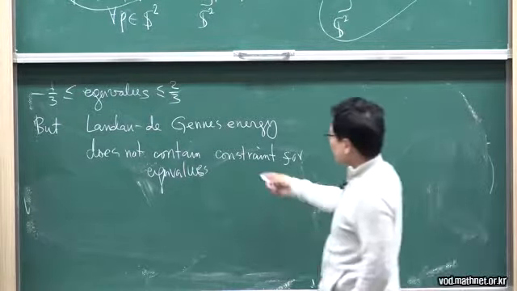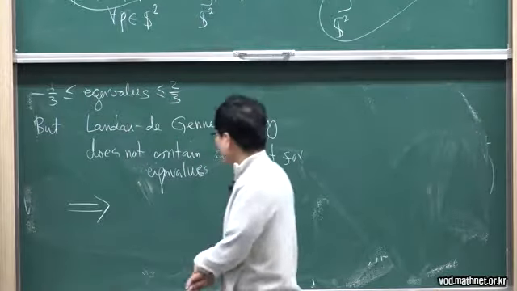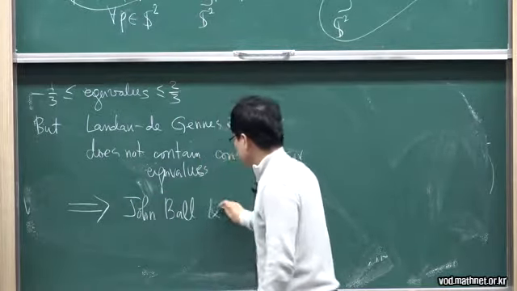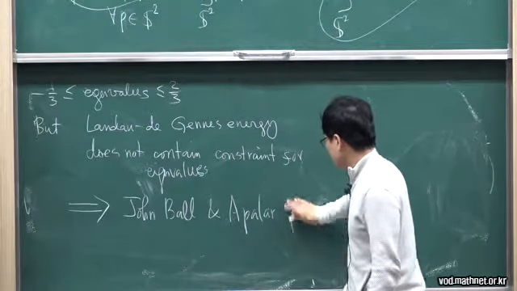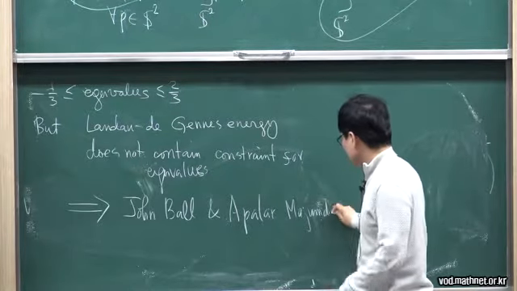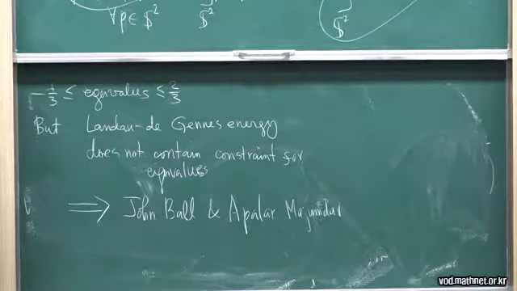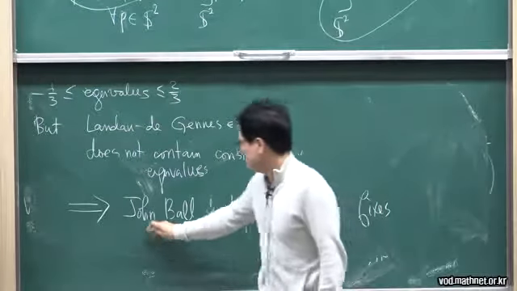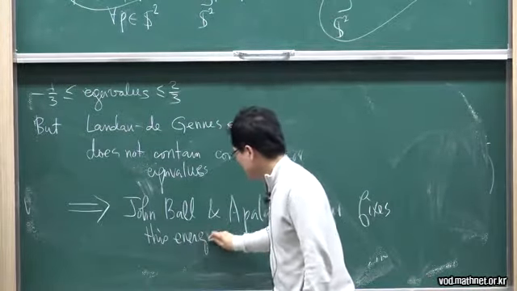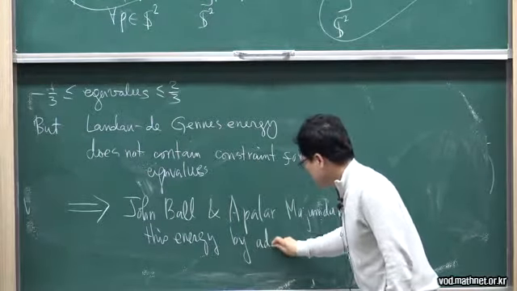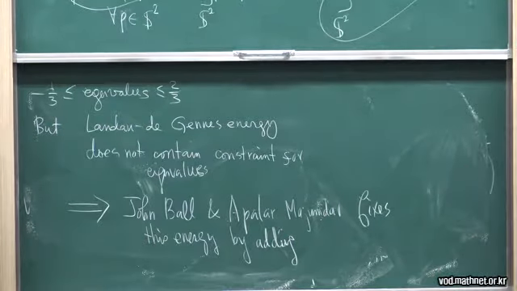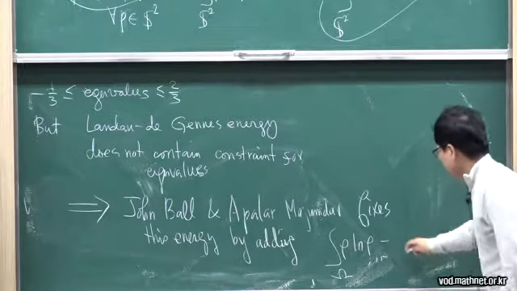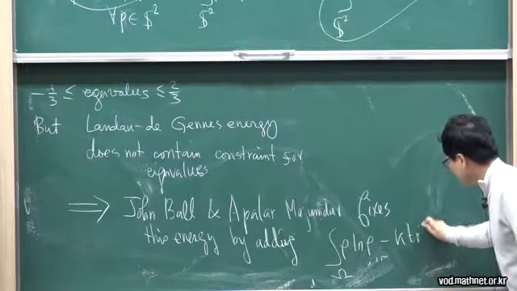Because of this, the work by Ball and Majumdar, who was at the time a postdoc of Ball, actually fixes this energy by adding certain terms, the integral over omega of rho ln rho minus kappa and trace Q squared, something like this.